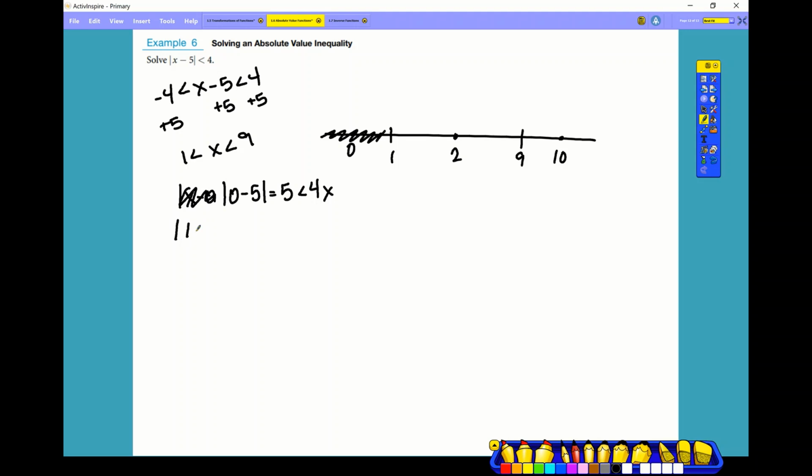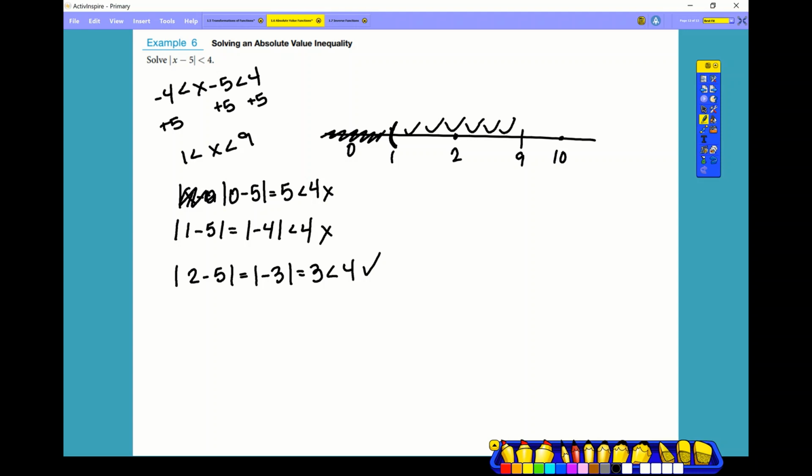What about 1? 1 minus 5 is equal to negative 4, which is 4. Is that less than 4? No, it's not. We will not include the endpoint. What about 2 minus 5? It's equal to negative 3, which is equal to 3. Is that less than 4? Yes, it is. We'll include these guys.